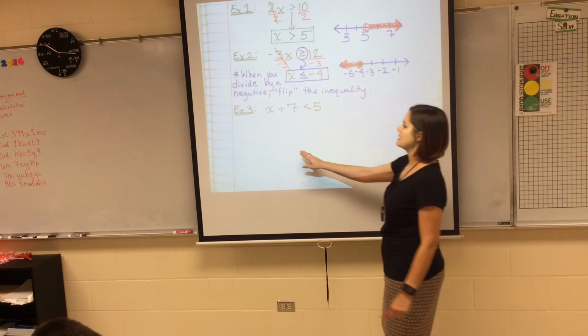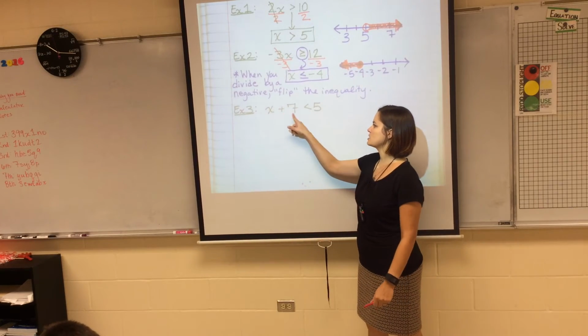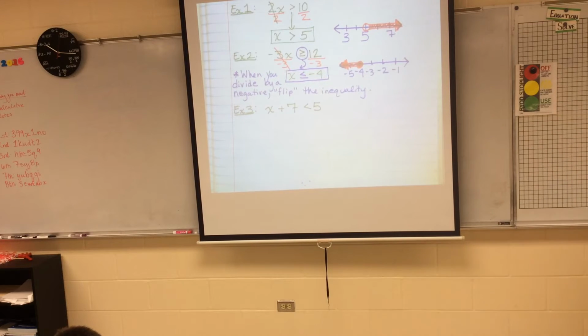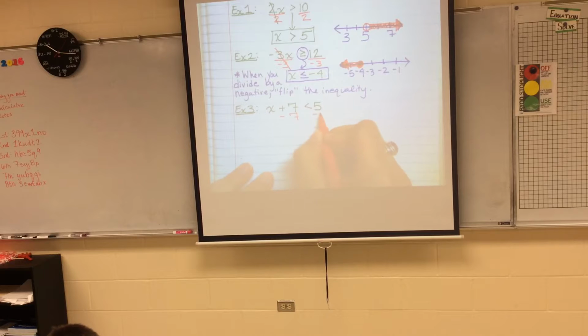So here I want to isolate my x. So what's the inverse of plus 7? Minus 7. So I'm going to subtract 7 from both sides of my inequality. Plus 7, minus 7 cancels. Perfect. So x is less than -2.